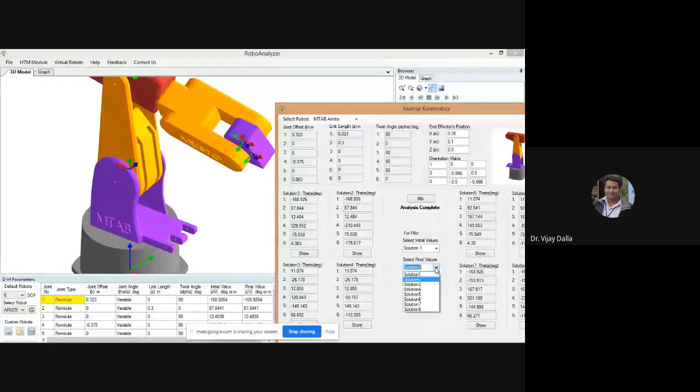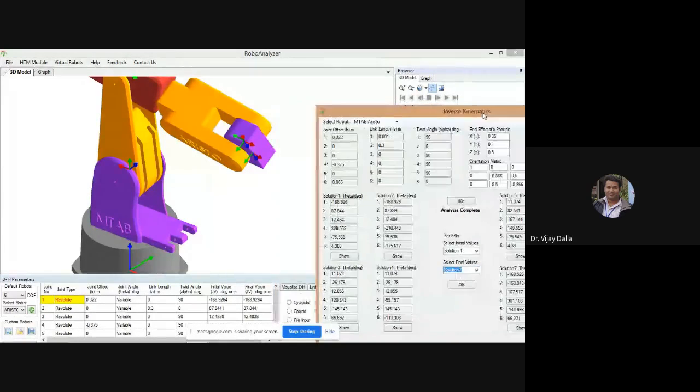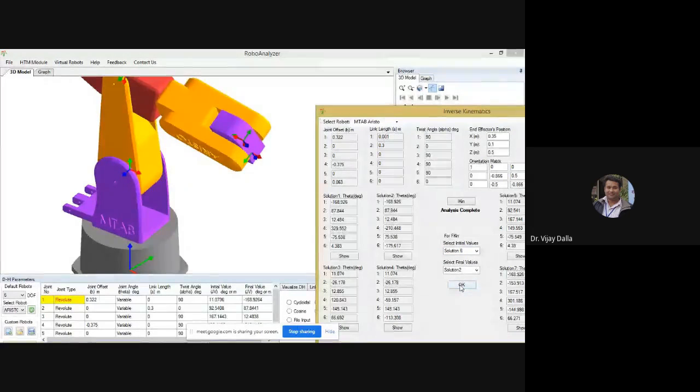Now, suppose I change the final solution to solution 7. Oh, it is not being changed. Now I want to see solution 6 as the initial value and solution 2 as the final value. Okay, it got changed a little bit.